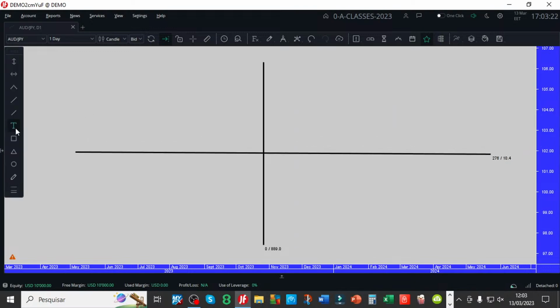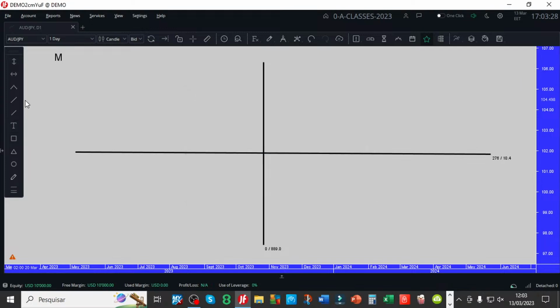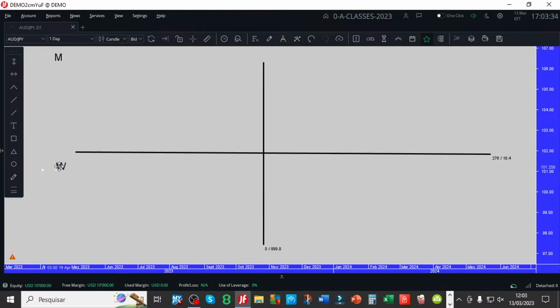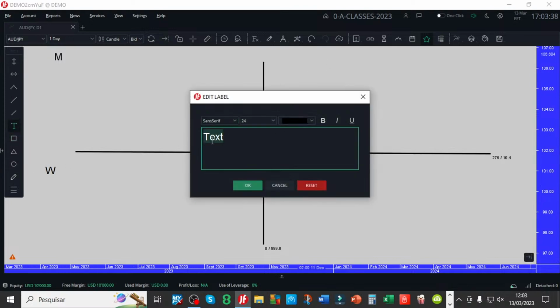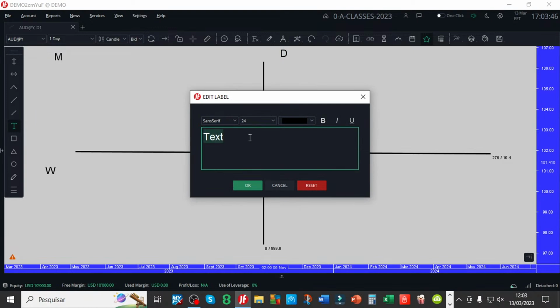Give me a second everybody. So left up corner the monthly chart, left down corner the weekly chart, right up corner the daily chart, and right down corner the 1 hour, 2 hour, 4 hour chart.